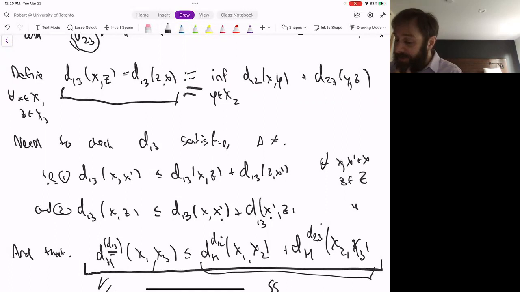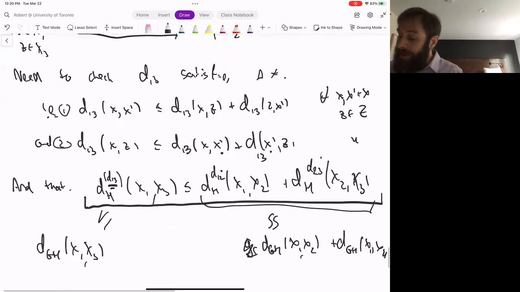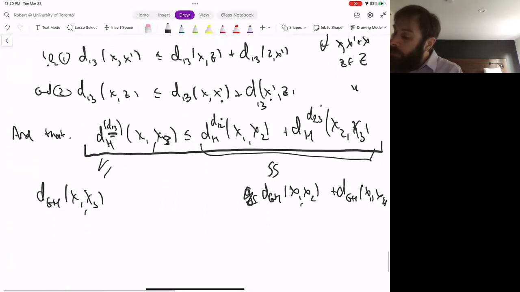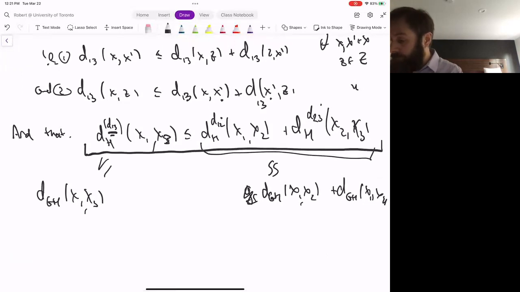If I take this metric and I want to show that x1 is contained in some R neighborhood of x3 for that metric, well, if I have x1, it's going to be a series of, I'm not sure I can make this elegant. I think it's going to be a couple of ugly approximations.